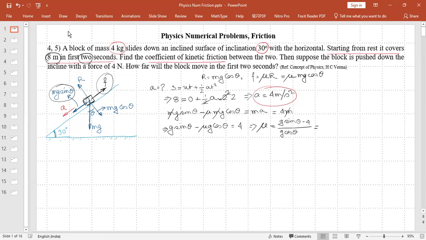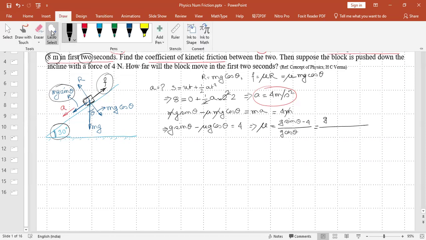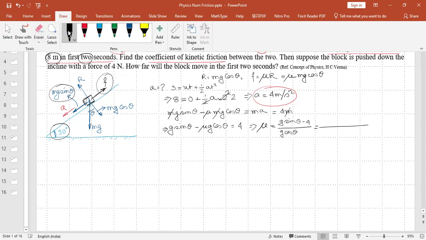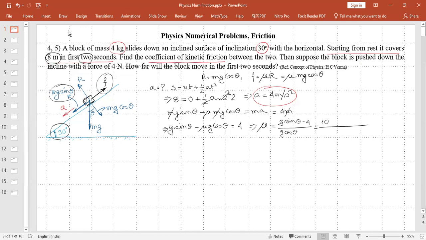Now we know theta is equal to 30 degrees. So we know the value of both sine theta and cos theta. So it is g. Let us write the value of g. G is 10, sorry. 10 multiplied by sine theta is 1 by 2, minus 4.